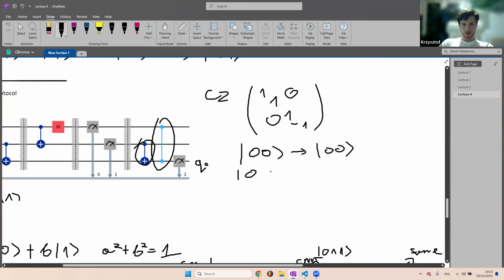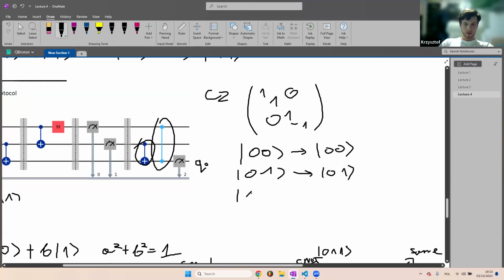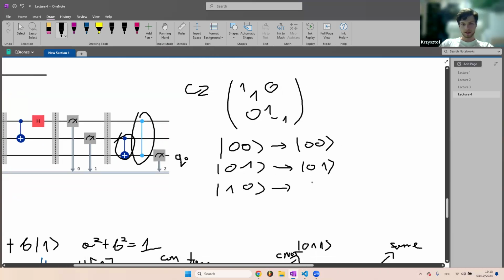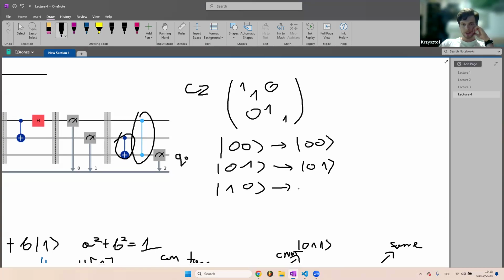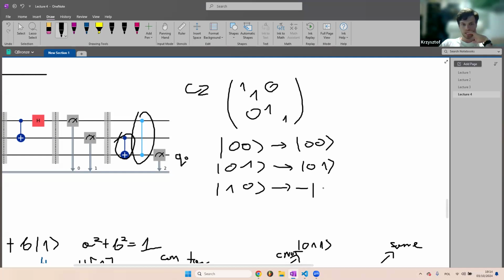Likewise, the state 0, 1 also stays the same because the control qubit is 0. But when the control qubit is 1, the phase of the second qubit is changed, or in fact both of the qubits.